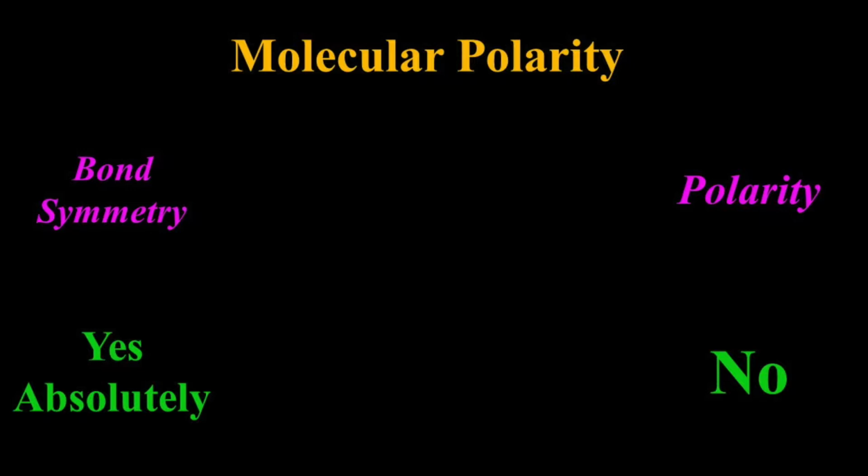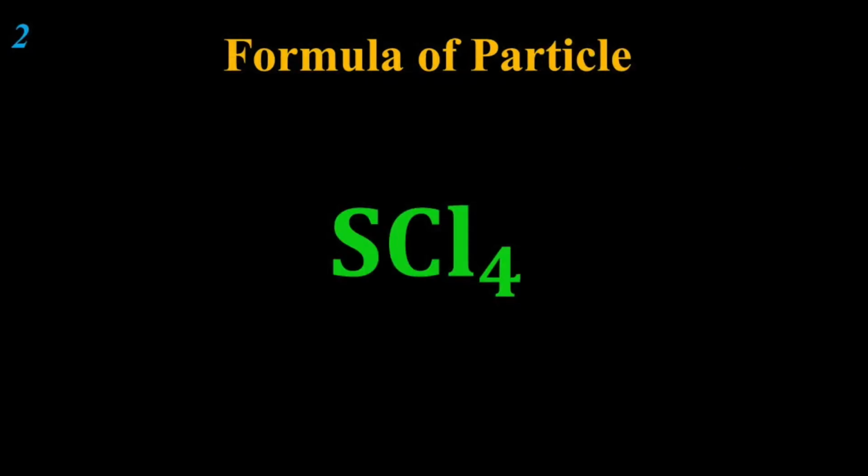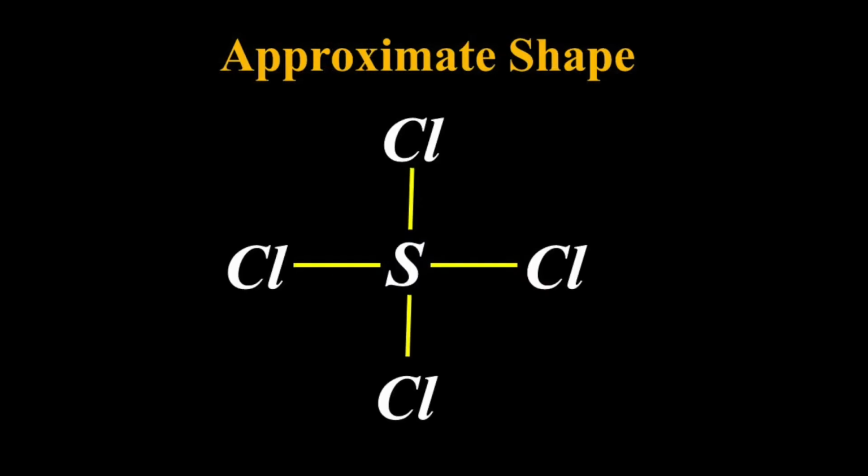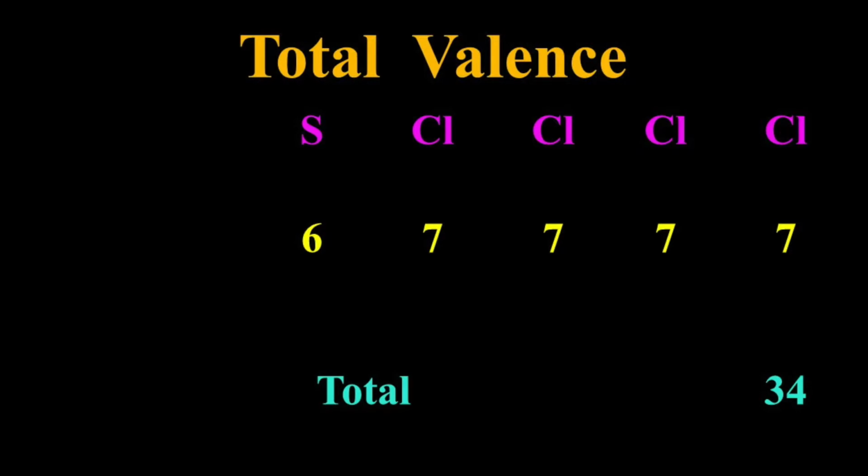Okay, sulfur tetrachloride, SCl4, that's going to be number 2. And the geometry, we're going to guess, is probably maybe tetrahedral, but we don't have enough information. So we know we're going to have 34 electrons. Add them up. 6 plus 28 is 34.